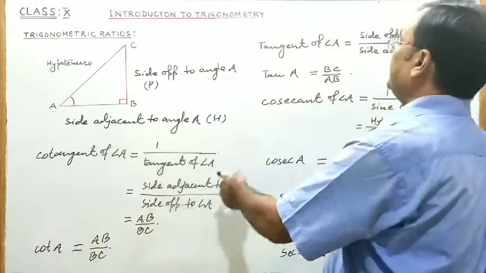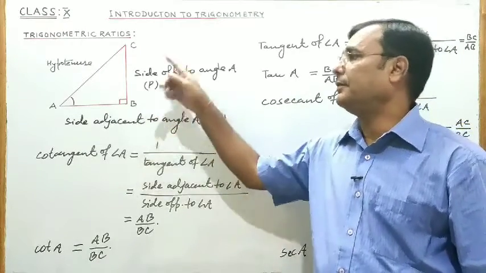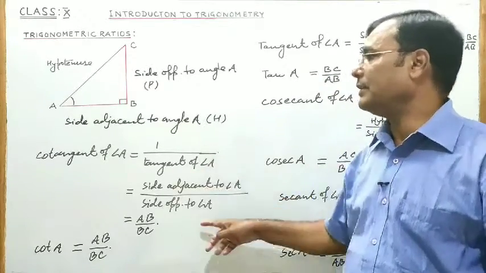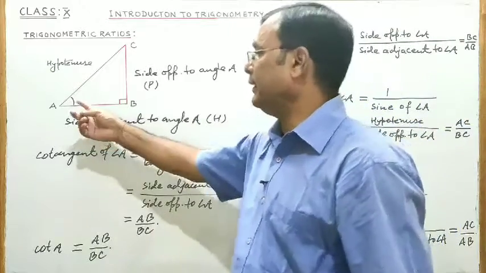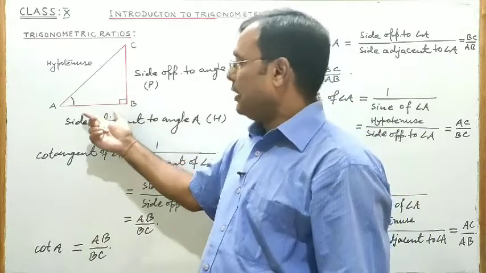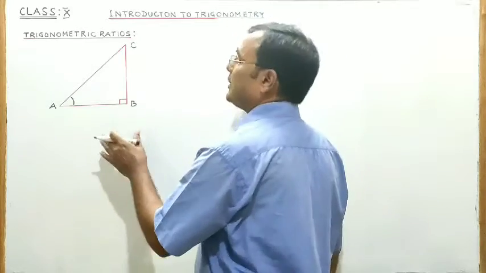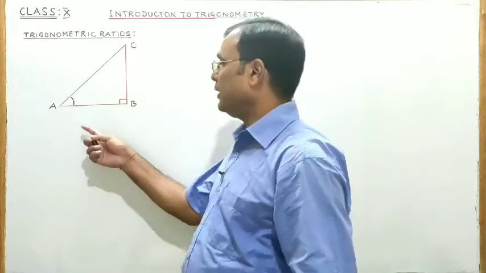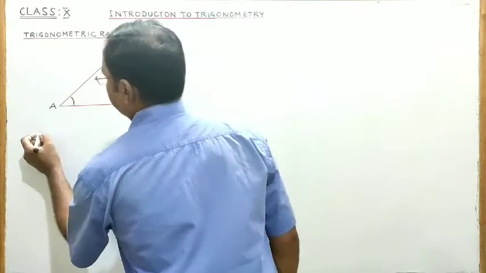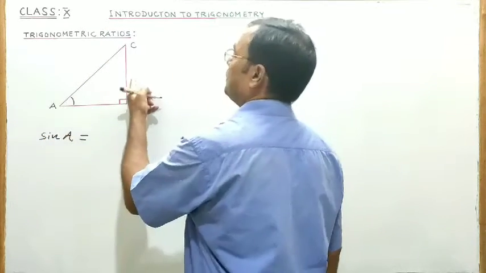So these are the 6 ratios which we have defined for acute angle A of this right triangle ABC right angled at B: sine of angle A, cos of angle A, tan of angle A, cot of angle A, sec of angle A, and cosec of angle A. Sine A is equal to BC by AC.